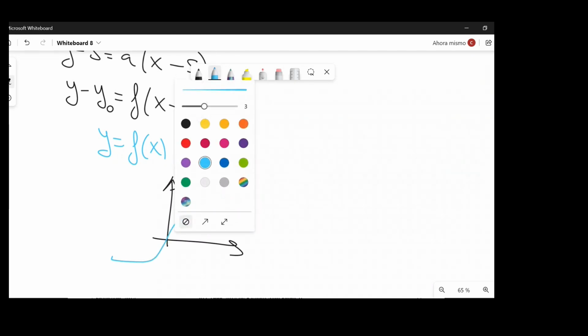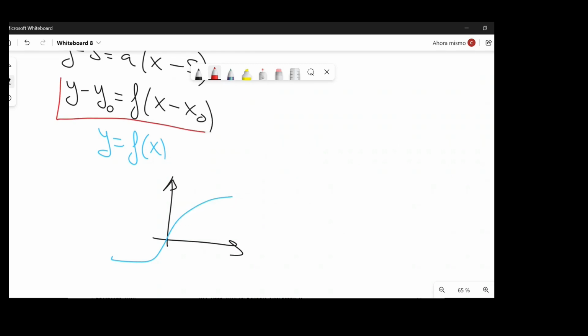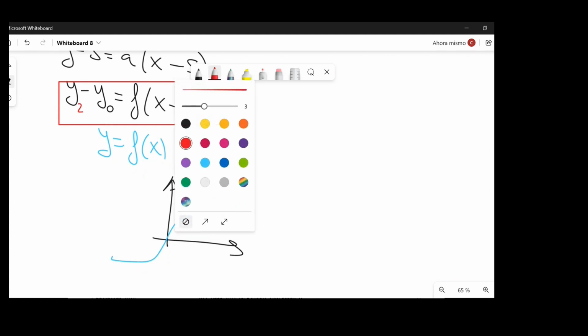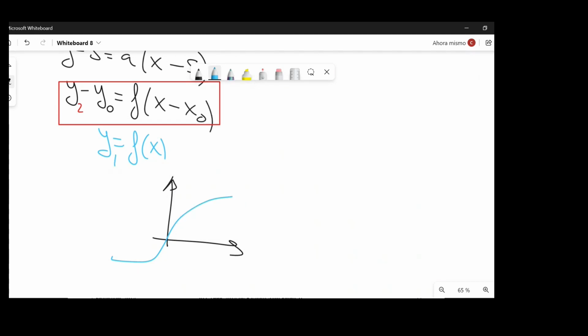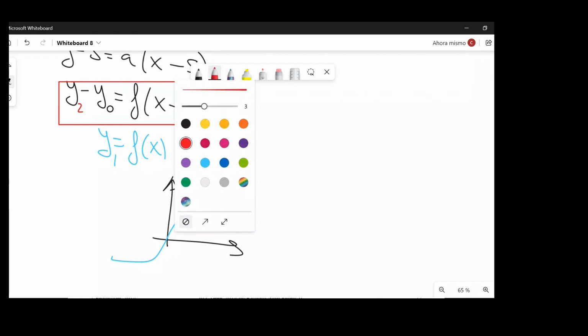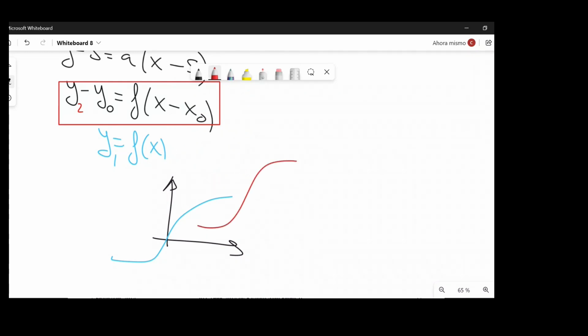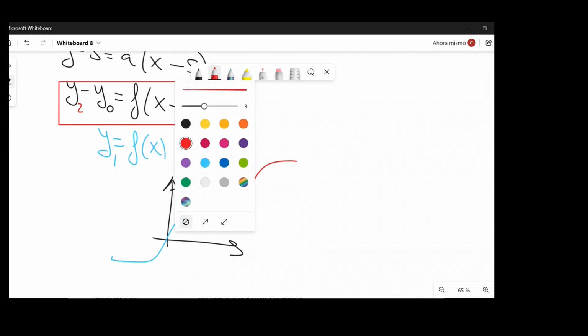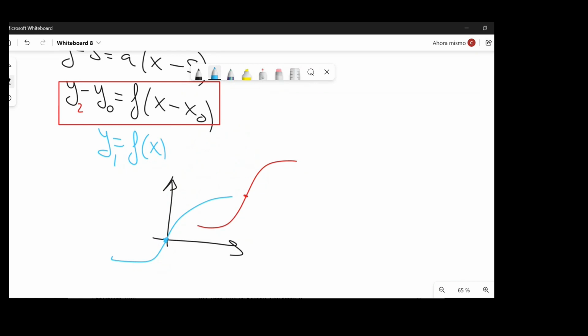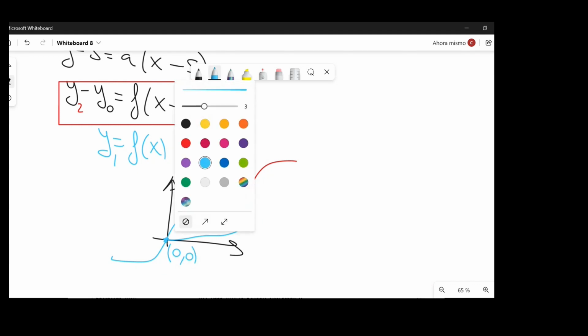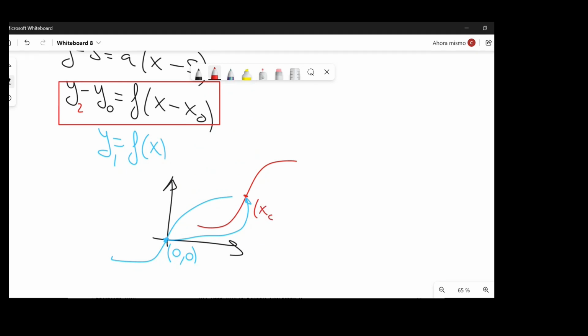Now if I have this function, let's say this is y2, this is y1. So y2 is the same function, but now it has shifted. This point, 0, 0, has moved to x naught, y naught.